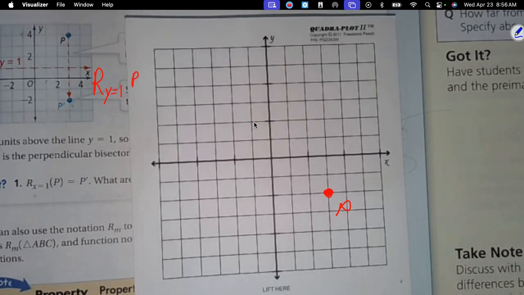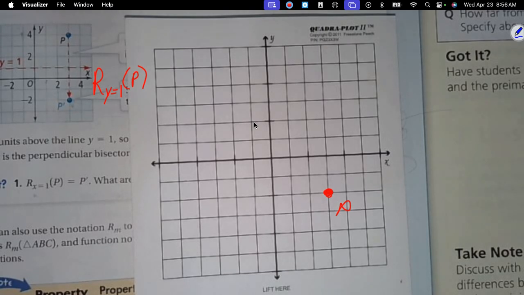And they'll say point P. Did they put that in parentheses? They did. This means take point P and reflect it across y equals 1. That's not the y-axis. That's not the x-axis. That's where it's a little bit harder to figure out, y'all, but it's not bad.